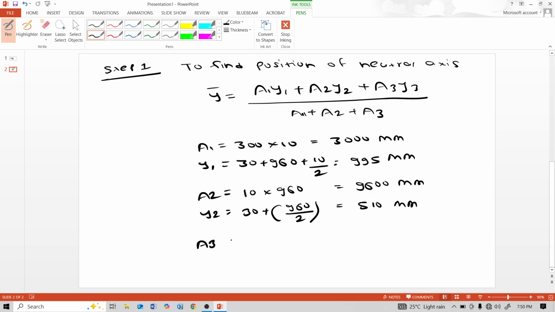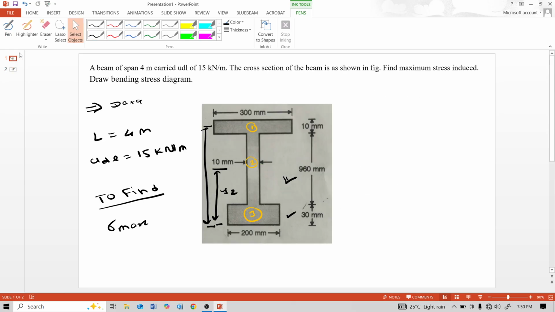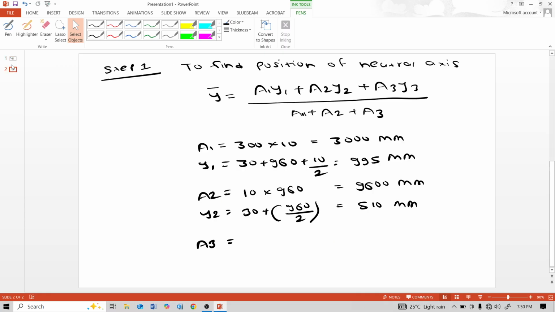A3 is bottom flange. Bottom flange area is width of this bottom flange into thickness of bottom flange, 200 multiplied by 30 is 6000 mm squared.